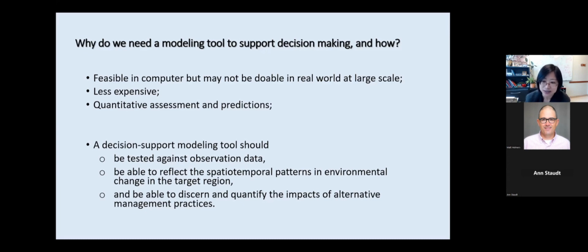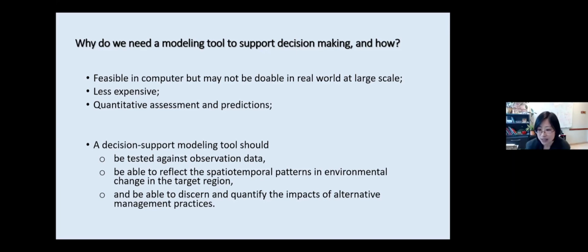And so what kind of models can serve as a decision support tool? My point of view is that there are a few criteria. First, the candidate model should be rigorously tested using existing knowledge or measurement data from an area or system similar to the one you are managing.